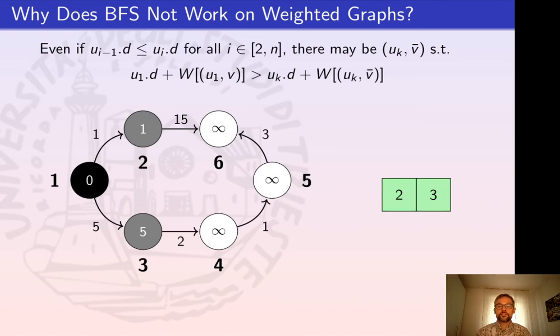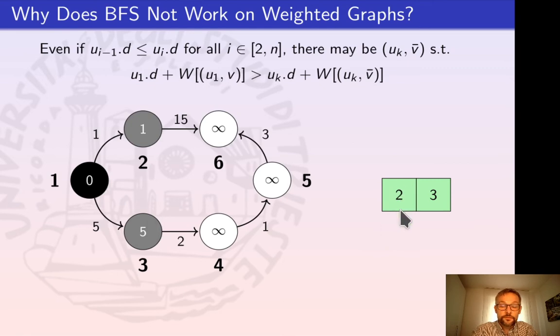For instance, this is a kind of trial to use BFS on a weighted graph. Here we have a situation in which we have a black node, so already completed, 2 nodes in the queue, and the other nodes are undiscovered. This is the queue of the BFS visit.